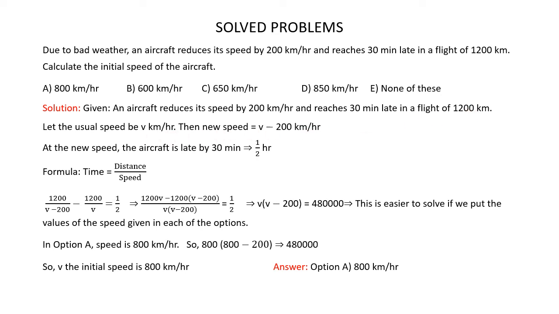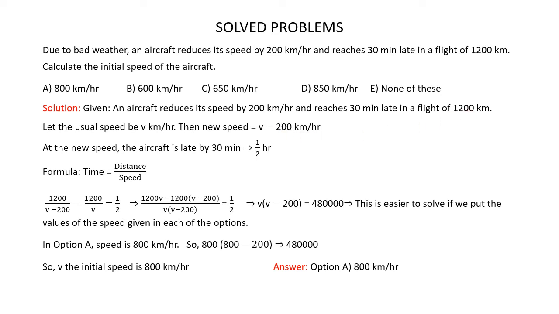In the second instance, the distance is the same 1200 kilometers, but the new speed is v minus 200 kilometers per hour. So here the time is equal to 1200 divided by (v minus 200).